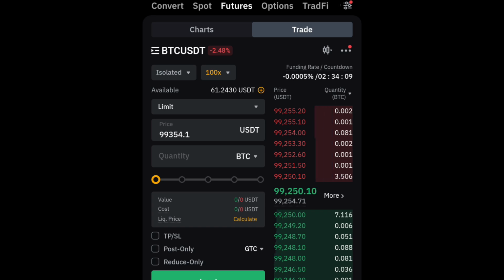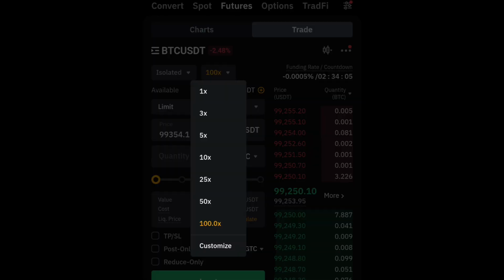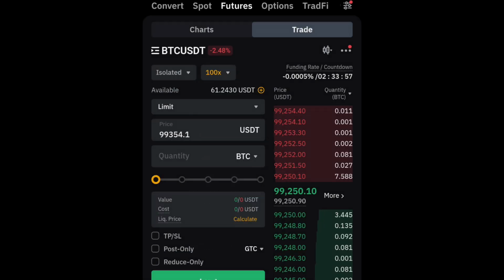So I always advise, if you are using a decent amount of money, always use low leverage, low X. I always advise people to use 10x to 25x leverage. Even 25x is too much, but it's okay if you know what you are doing, right?